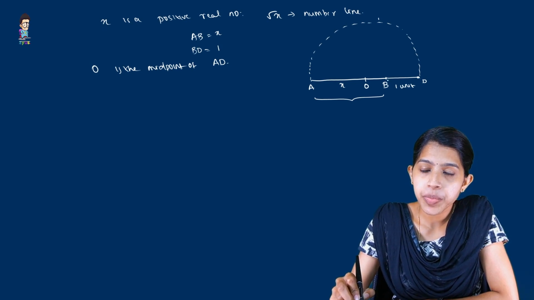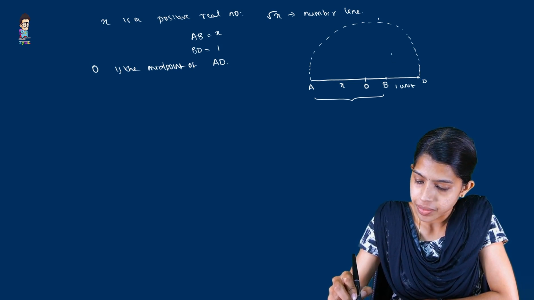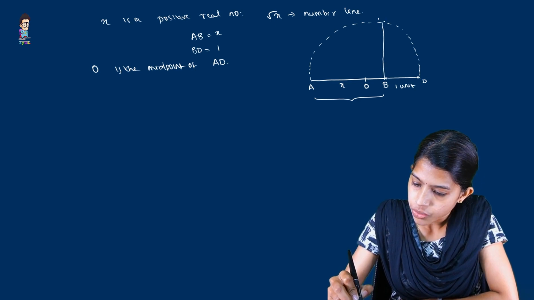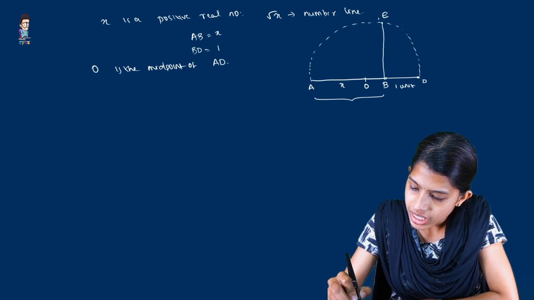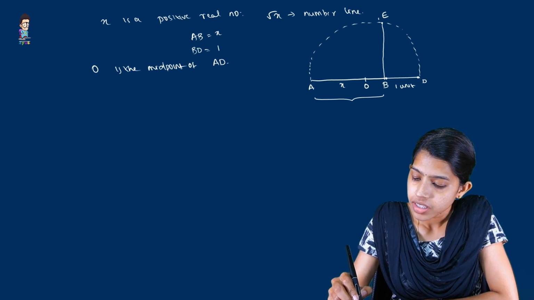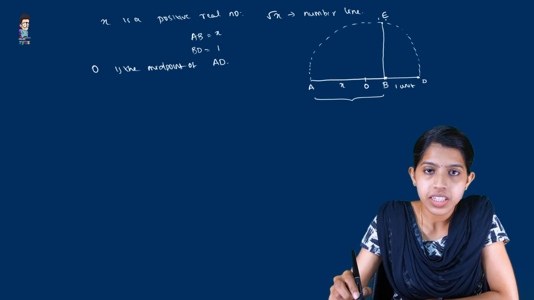Now, draw a perpendicular at the point B. I am drawing like this, where the point E is a point on the circle where the perpendicular intersects the circle.